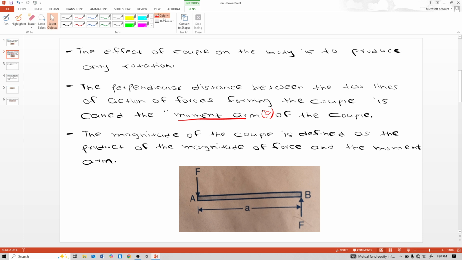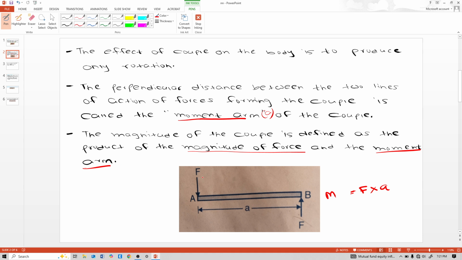So the meaning of this statement is, this F, the product of the magnitude of force and moment arm A, this is nothing but the magnitude of the couple. Magnitude of couple is defined as the product of magnitude of force and moment arm.